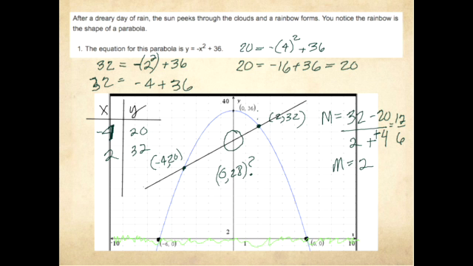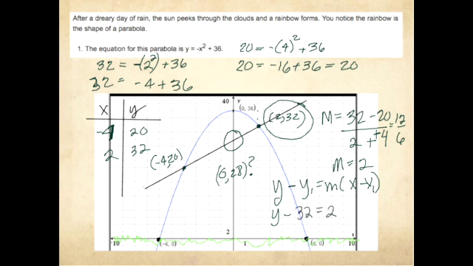Okay, so that being said, I'm going to use this point right up here, and I'm going to write the equation in point-slope form. Now, if you can't remember point-slope form, it is y minus y1 equals m times x minus x1. Okay, so this is y minus 32 is equal to 2 times x minus 2.